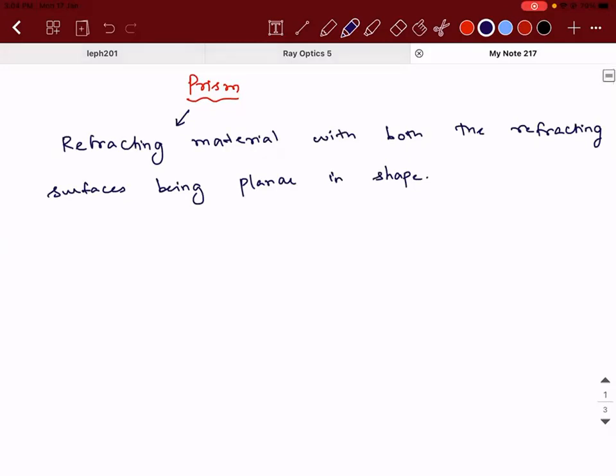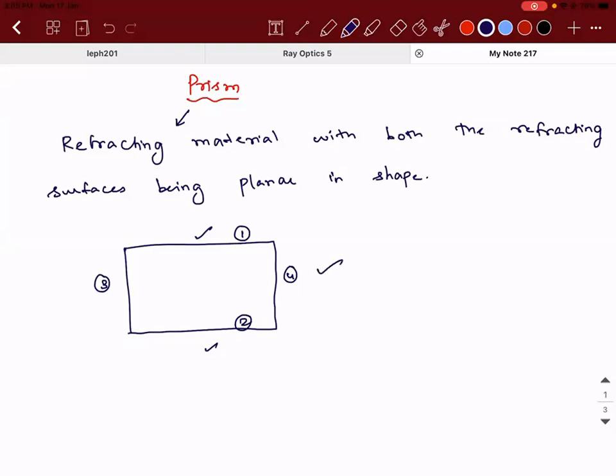What I'm trying to say is, if I take a glass slab, this side and this side are planar in nature. If I take this as the first refracting surface, this as the second, they both are planar. If I take this as third and this as fourth, they both are planar.